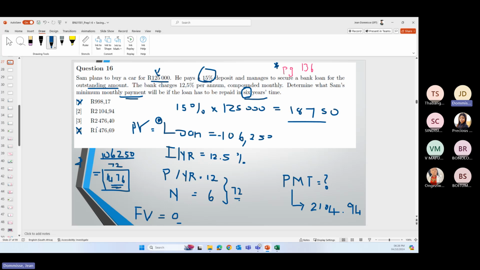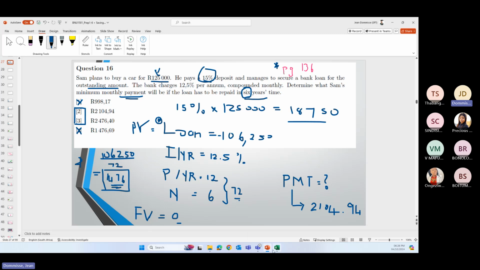Still, if I needed to guess an answer now, I'm guessing between two answers and not four, just by looking at the minimum amount I would have needed to pay without any interest, that is my loan over 72 months.